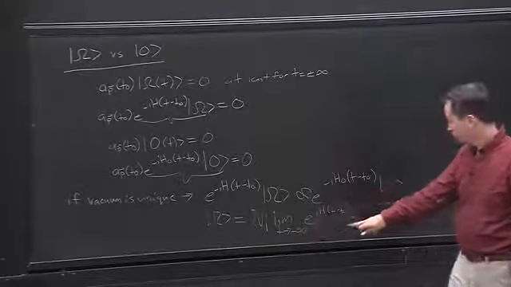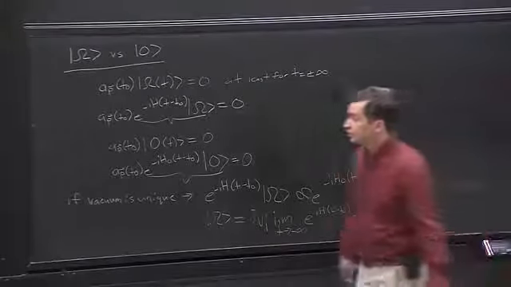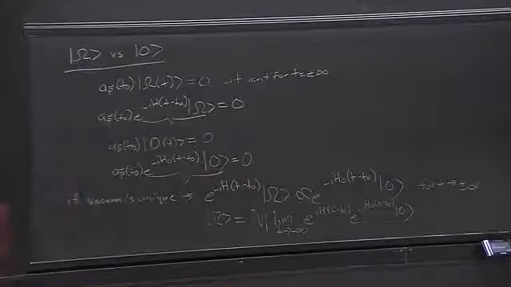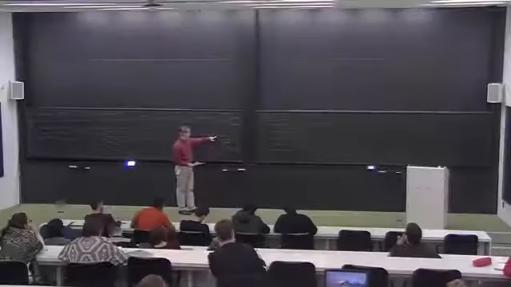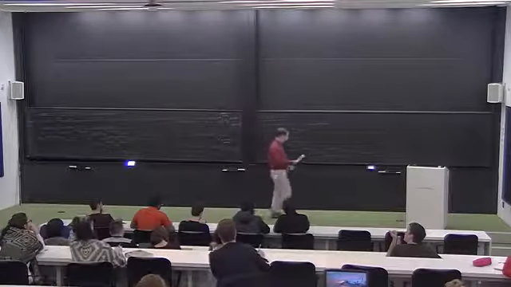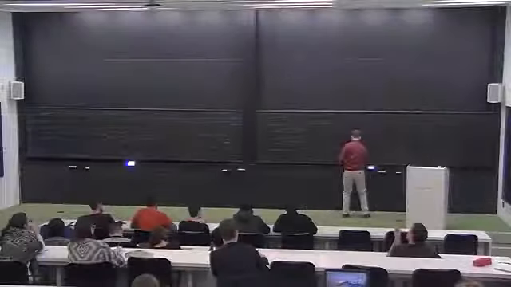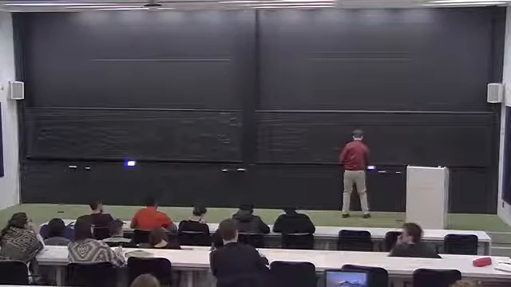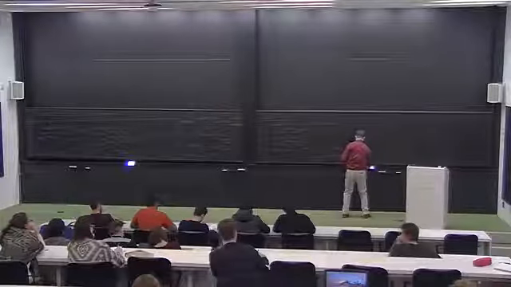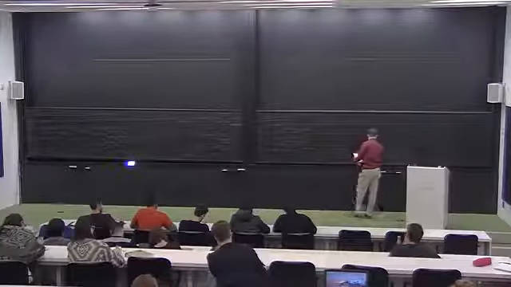But this combination of exponentials is precisely what we called the time evolution operator. So we can write this as N_I U(0, minus infinity) |0>.